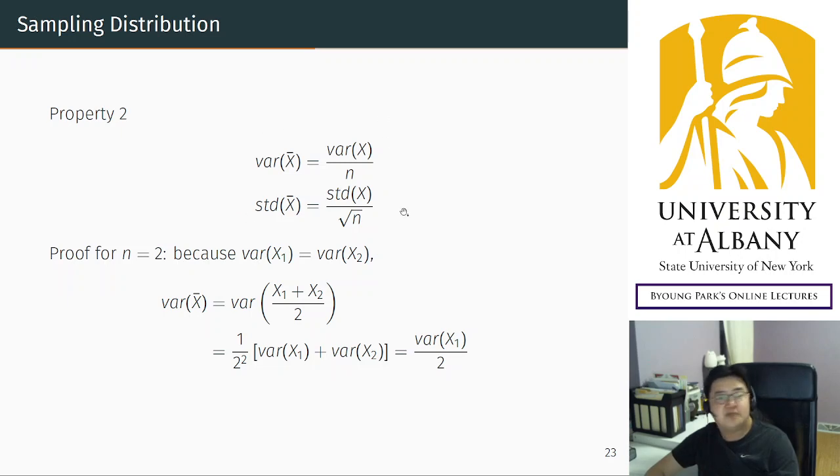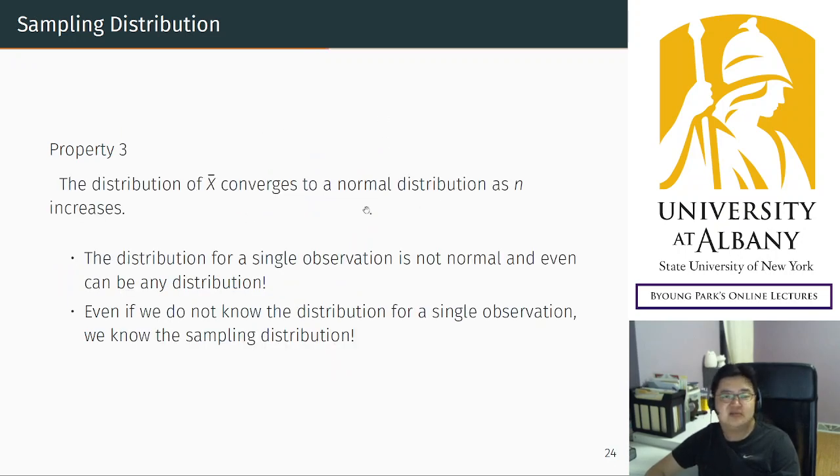And the third pattern is clear. The distribution of the average converges to a normal distribution as the sample size increases. This is really, really powerful.